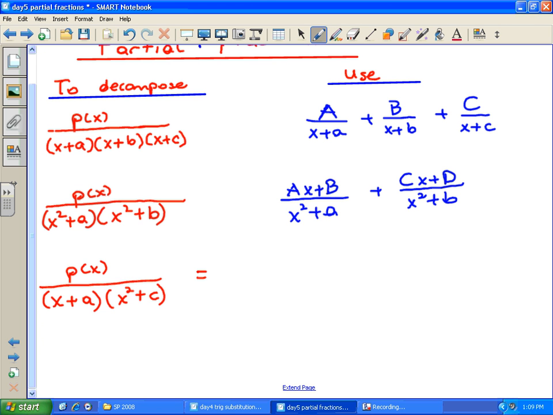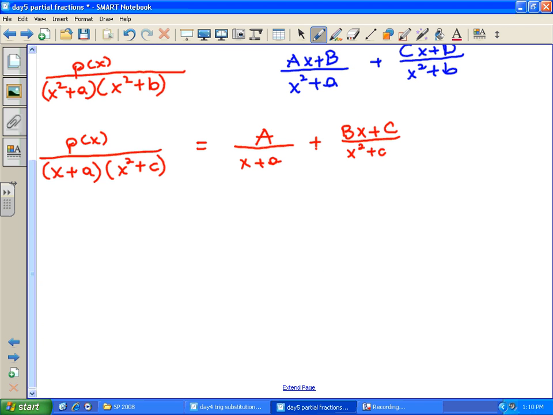To separate this, what should my first fraction look like? A constant A, divided by x plus a, plus the second one, Bx plus C over the second irreducible denominator. Again, I'm using capital letters to represent the constants on the top so that they're not necessarily going to be the same numbers as you see on the bottom.